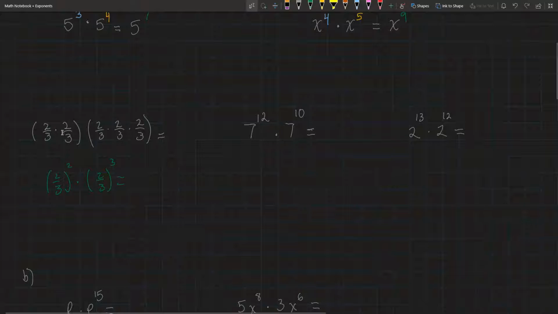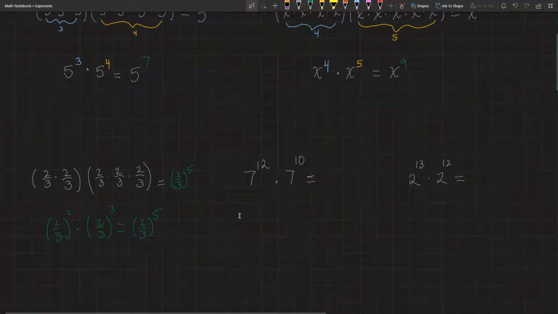How many 2/3? 1, 2, 3, 4, 5. So we know that this is 2 over 3 to the fifth power, which is the same as what's on the left side. And again, look, it's very consistent. An exponent of 2 plus an exponent of 3 should equal an exponent of 5. That's the main idea. It checks.